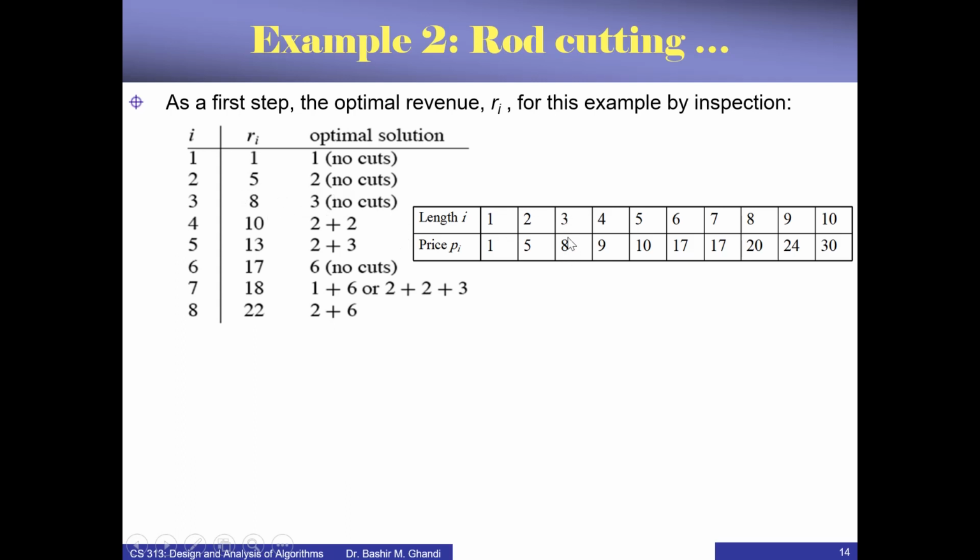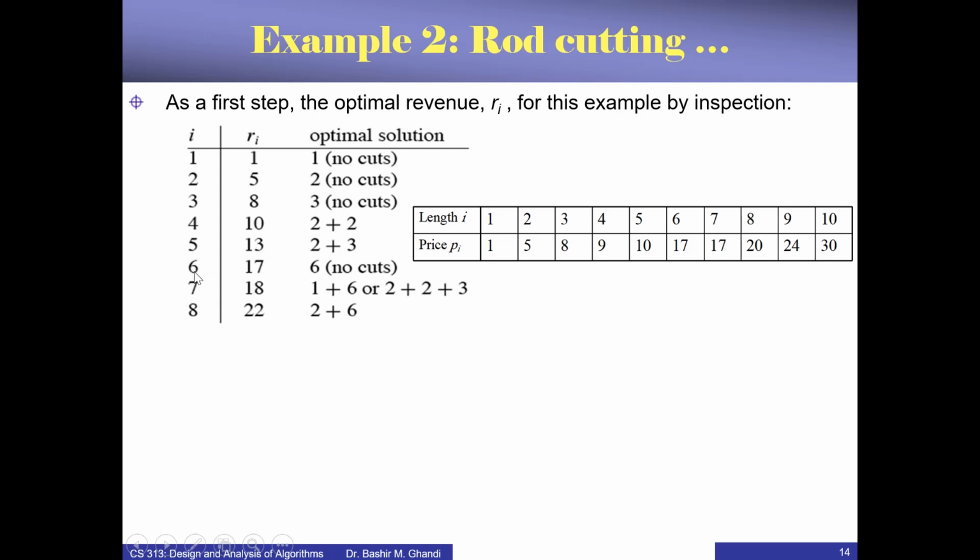What about length 3? Again, keeping it as it is, as we already discussed, is better. But for length 4, it's better to cut it into 2 pieces of 2 inches each. For length 5, it is better to cut it, and you will have 2 pieces of length 2, which will give you 5, plus a piece of length 3, which will give you 8, so if you add up, you get 13.